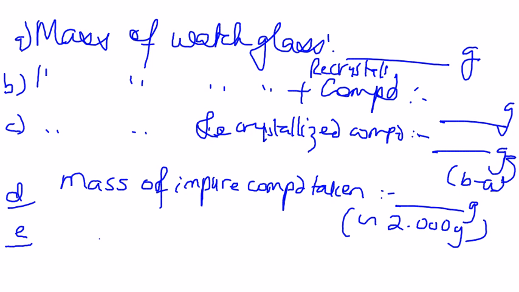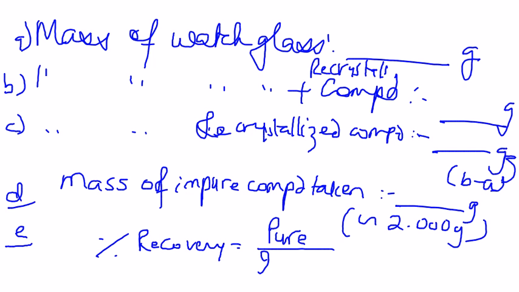And then you will have a percentage recovery, which can be calculated as what you purified, so what you recovered, divided by total impure compound taken, times 100. So let's say you were able to recrystallize out about 1.201 grams.